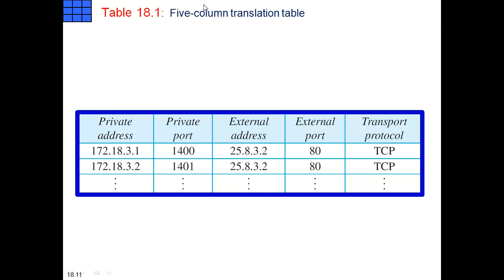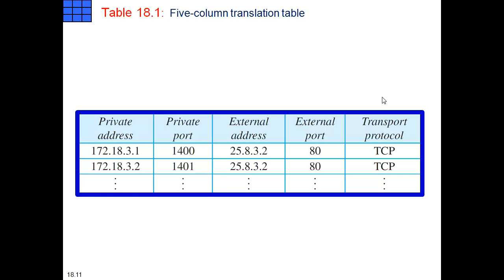This is how the five-column translation table is maintained in NAT, network address translation. Here the private address will have a private port, external port, and transport protocol. This completes the topic IPv4 addressing.